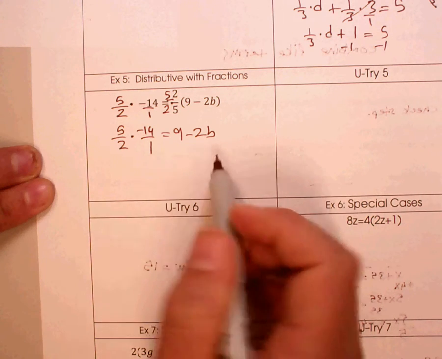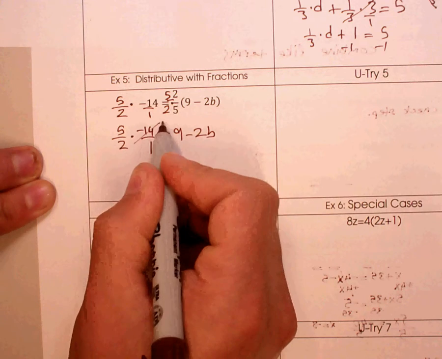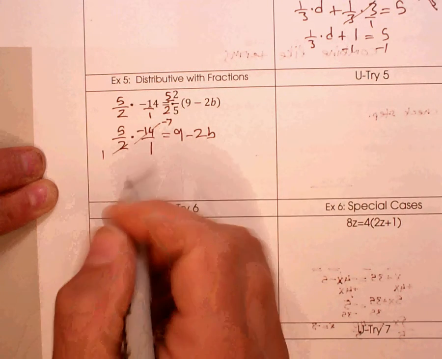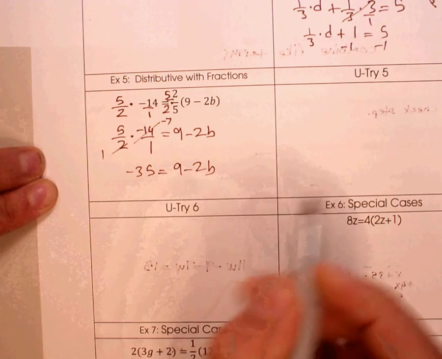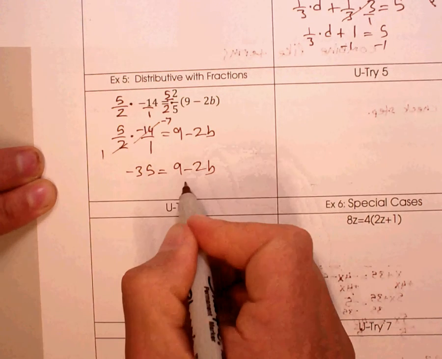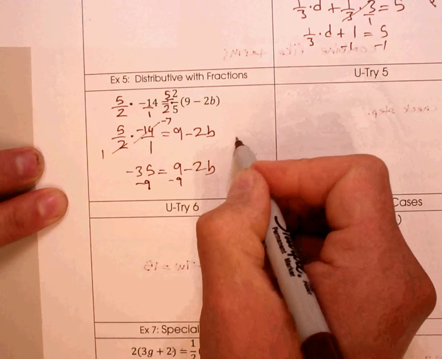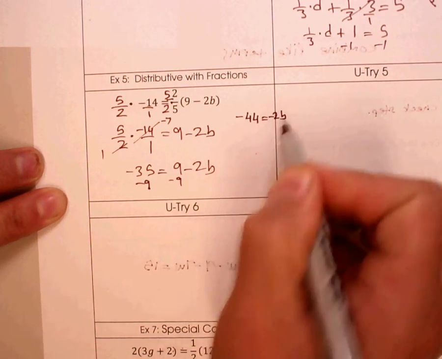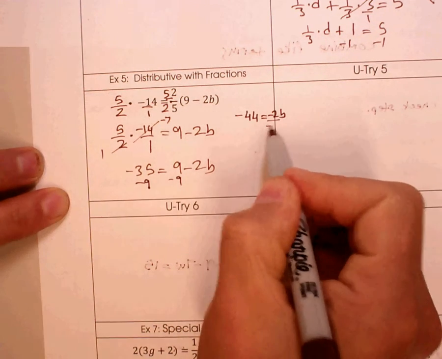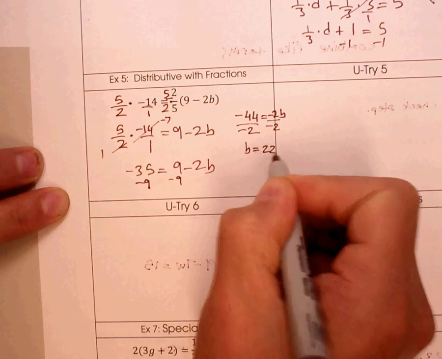We are going to simplify the left side. 14 divided by 2 is negative 7. 2 divided by 2 is 1. Negative 35 is equal to 9 minus 2b. And let's subtract 9 from each side. Negative 44 is equal to negative 2b. If I divide each side by negative 2, b will be equal to positive 22.